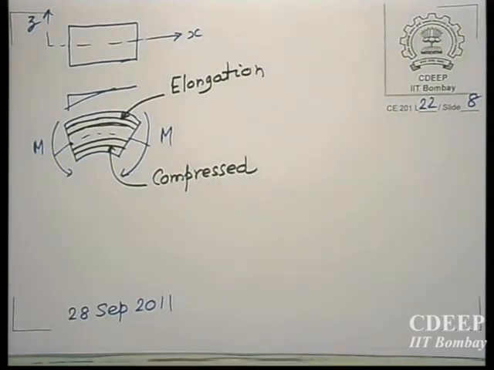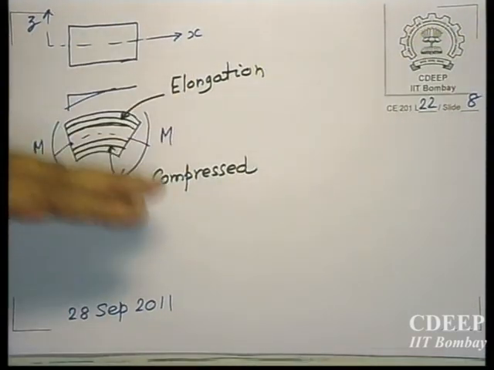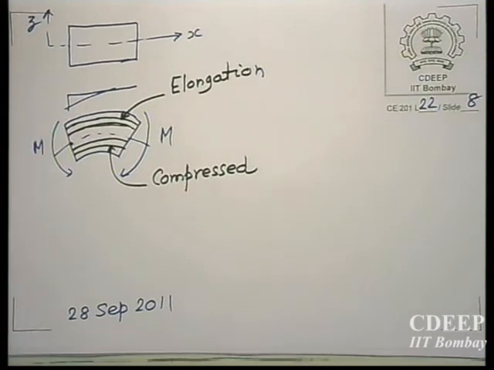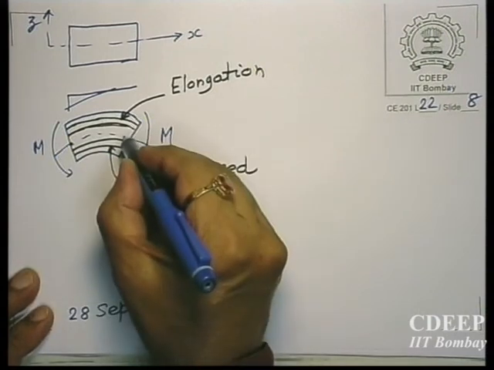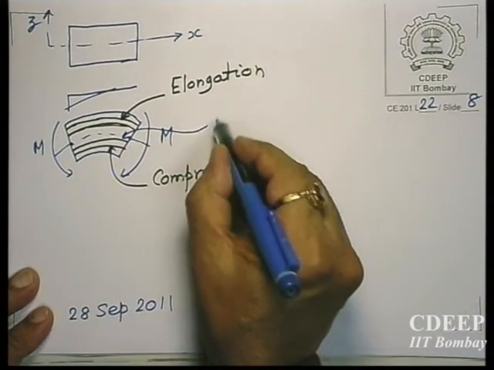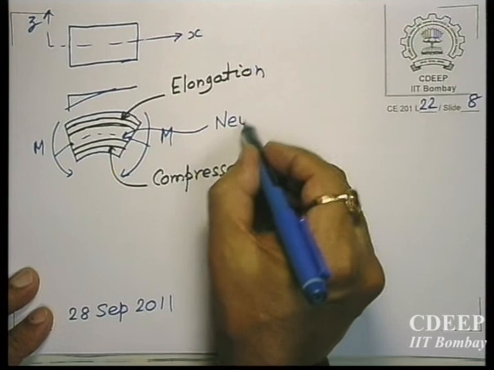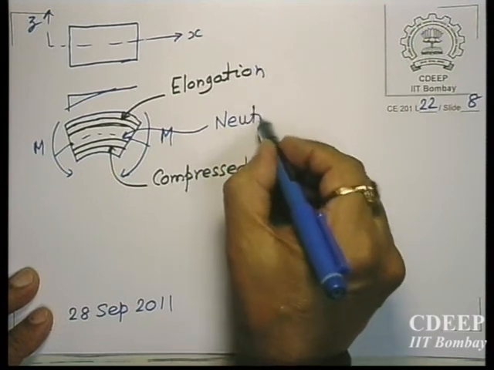In between there will be one longitudinal line which will neither undergo any elongation or compression. We call that line or that axis the neutral axis.